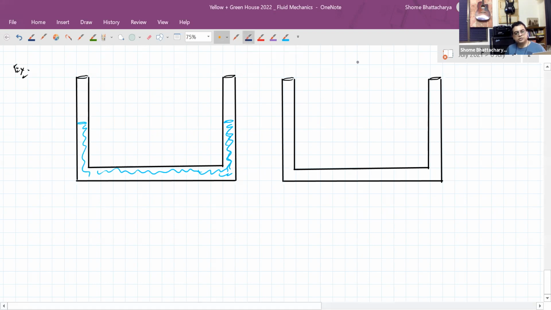Now, next situation, what we are doing is we are accelerating it. As a result of that, the water level changes like this. Compared to the original level, one side the level goes up, the other side the level comes down.